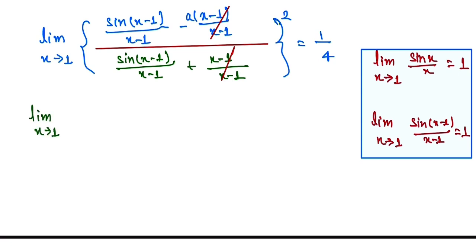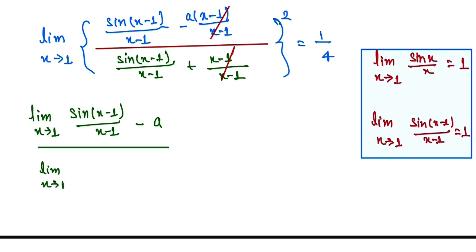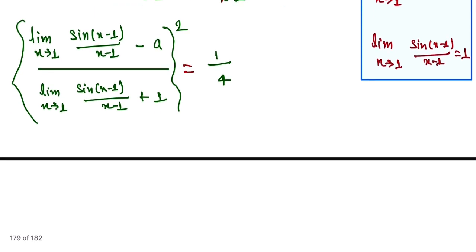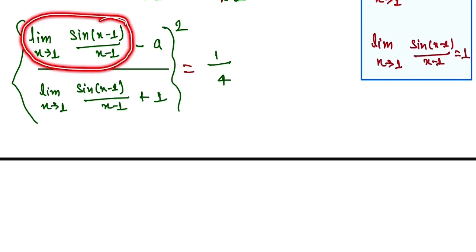So the limit as x tends to 1 of sin(x minus 1) by (x minus 1), minus a, by the limit of sin(x minus 1) by (x minus 1) plus 1, the whole power 2, is equal to 1 by 4. The value of each of these limits is 1.